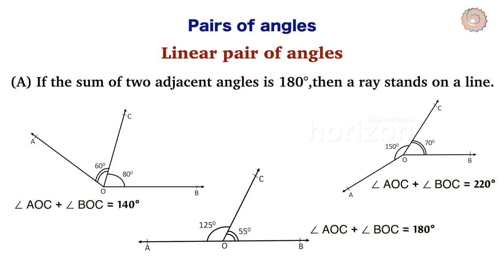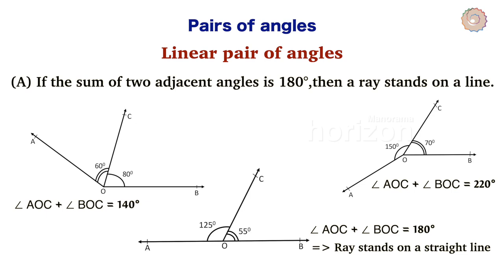Checking for a straight line with the ruler, we find that the one with the sum of adjacent angles 180 degrees has a straight line formed by the non-common arms of the adjacent angles, which implies that if the sum of two adjacent angles is 180 degrees, then a ray stands on a line. Hence, we have proved the statement A.